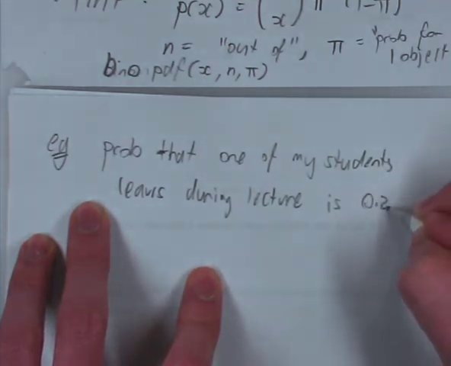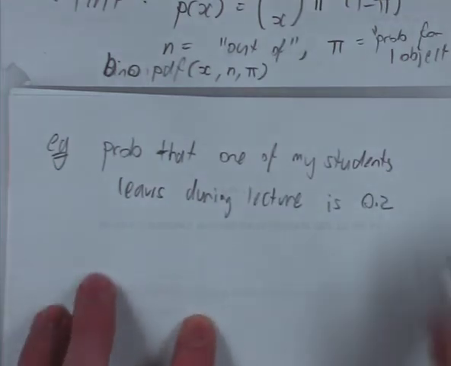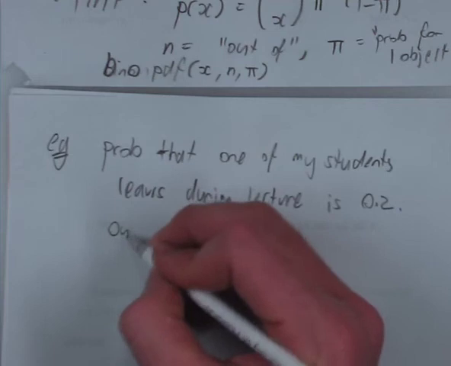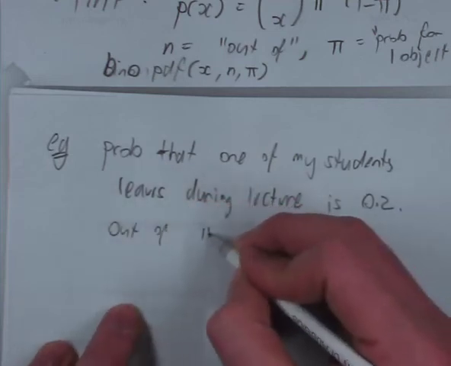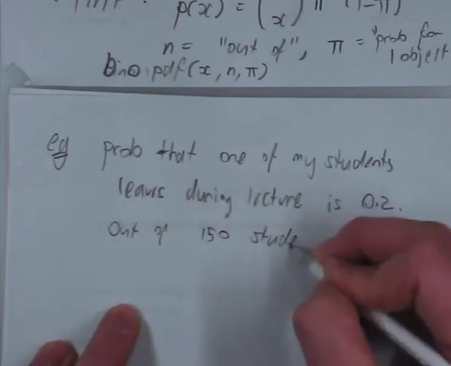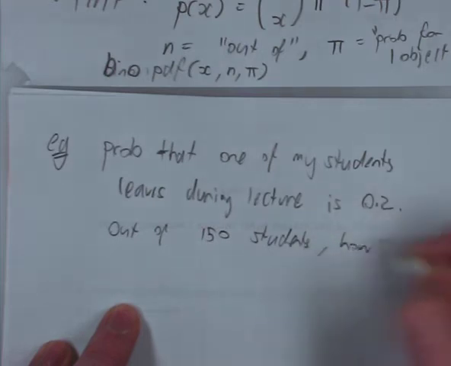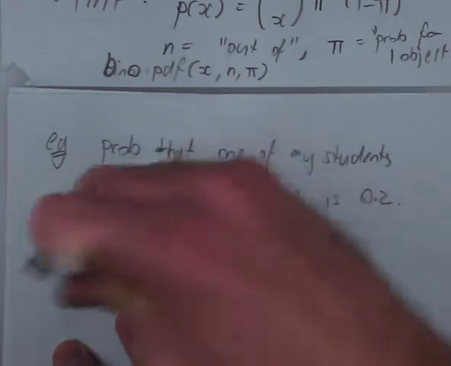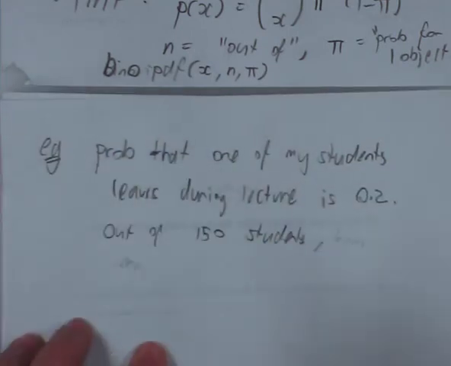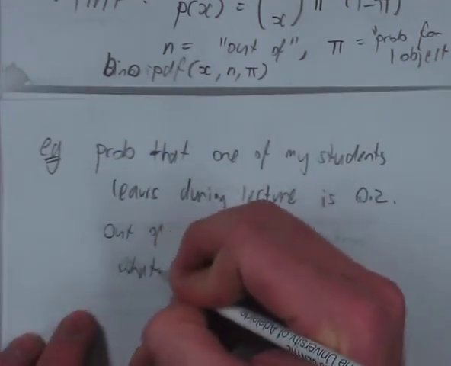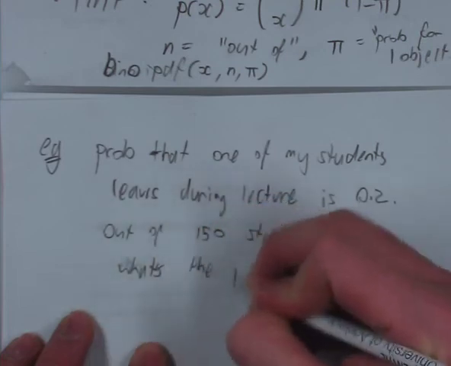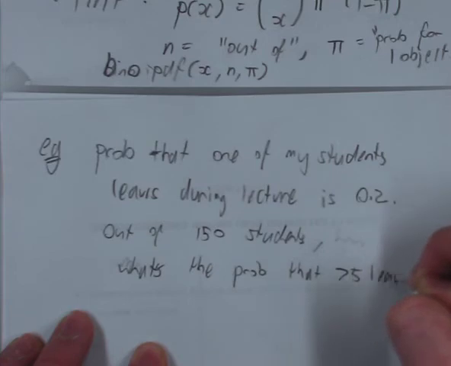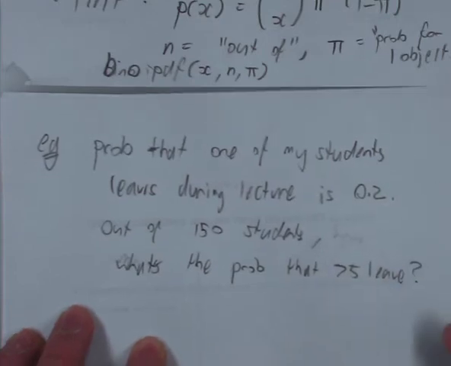Okay? Is 0.2. And so, out of 150 students in the lecture, what's the probability that half of them leave, right? That sort of thing, okay?